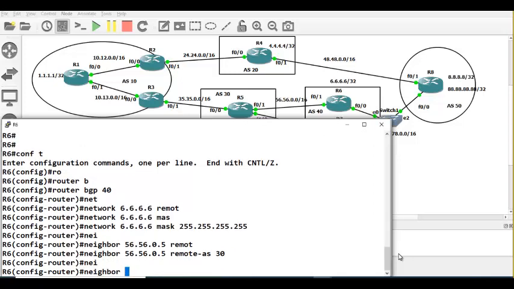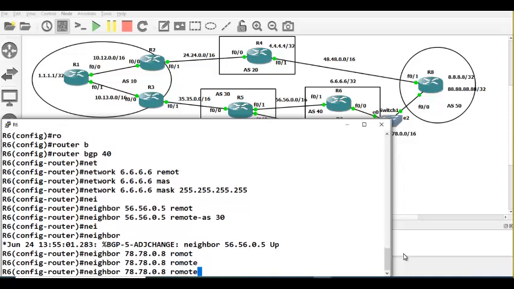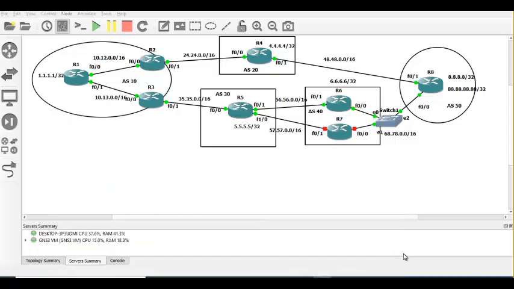Neighbor 78.78.0.8, which is router 8. Remote AS is 50.